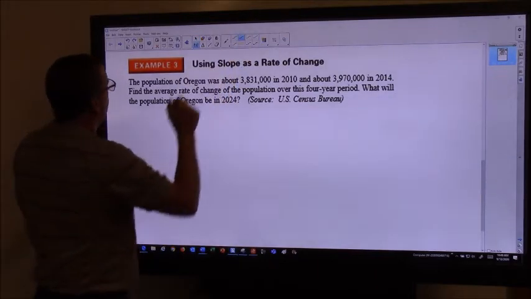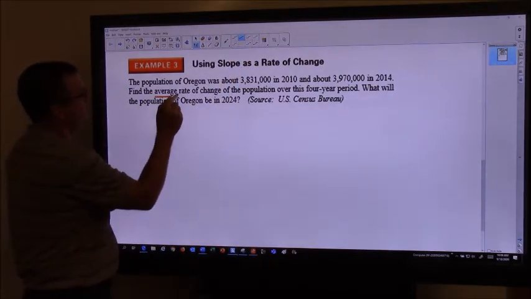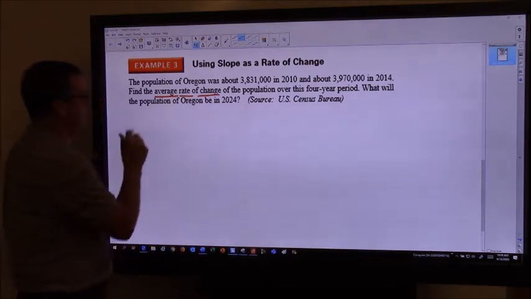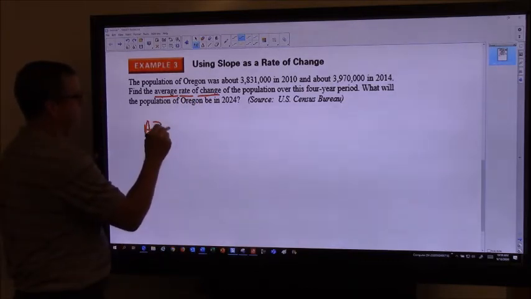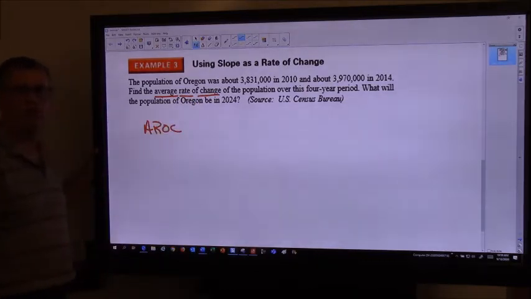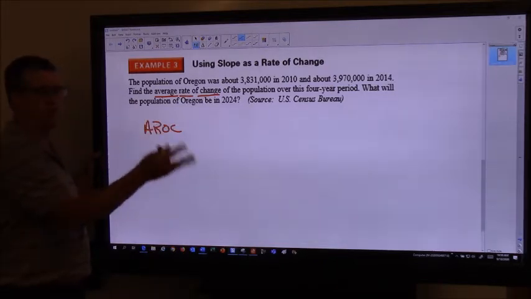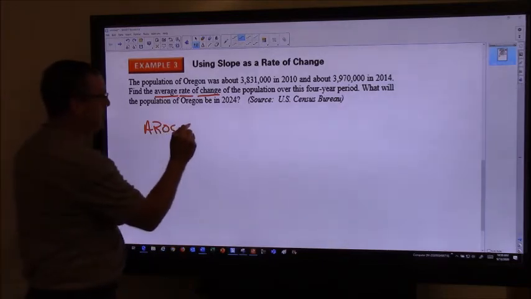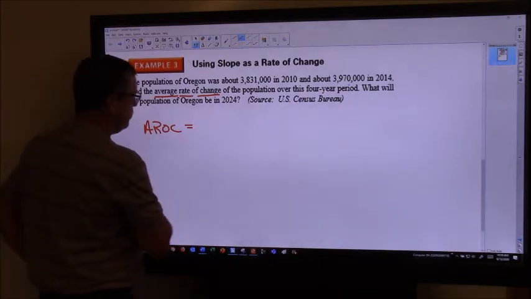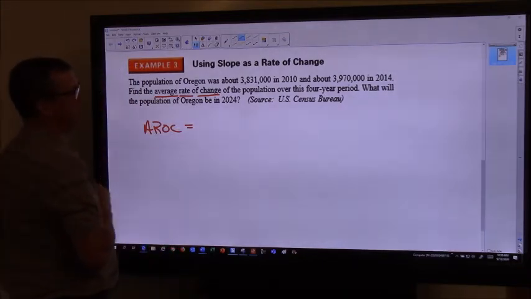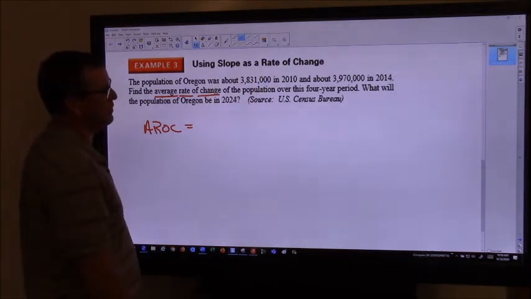So what we said last year was average rate of change. Average rate of change is just the slope. Okay? And we'll see these words a lot this year as well. It's just the slope. Okay? So I want to do y2 minus y1 over x2 minus x1. So first I need some data points.